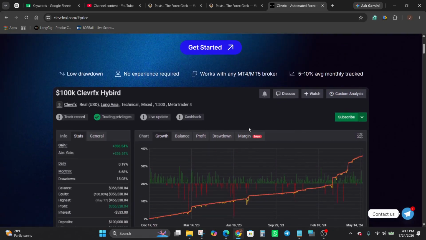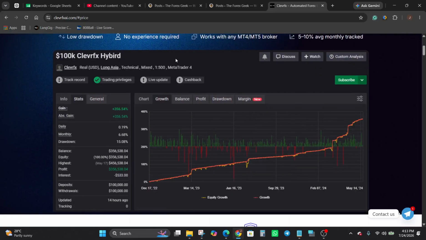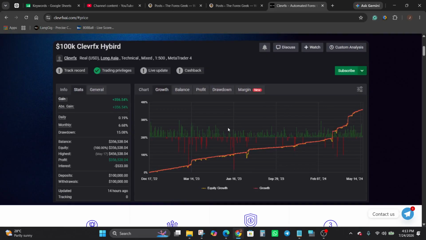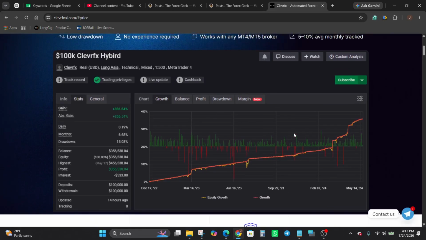I have to just mention that, just adding an image here is not enough proof. I would have loved to gain access to the actual MyFXBook site. So just note that this is not verified in the sense that it is just an image that we are seeing here.